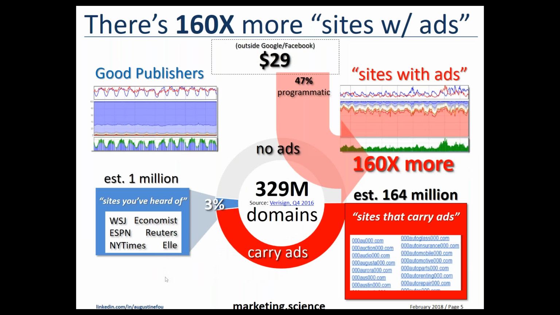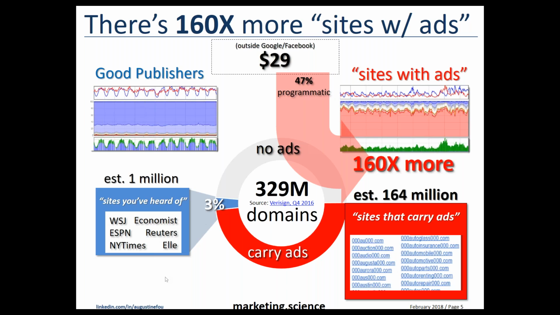And these are kind of back of the envelope estimates, but if you look at the total number of domains that are registered, according to VeriSign at the end of 2016, there's 329 million domain names registered. But if you think about your own experience, how many sites or how many domains do you actually go to?